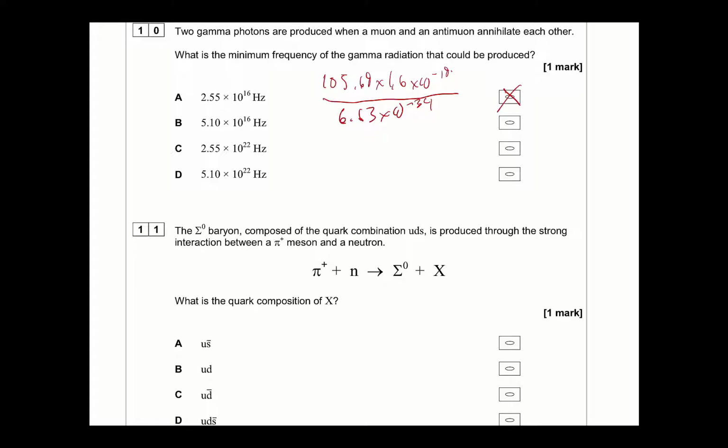So, pi plus is up, anti-down. Neutron is up, down, down.